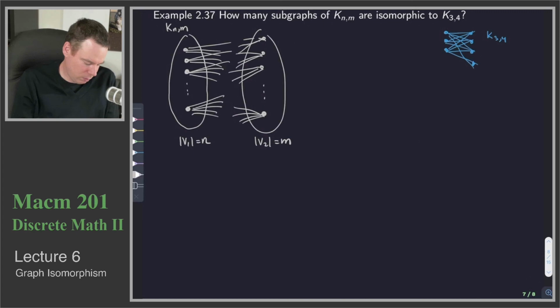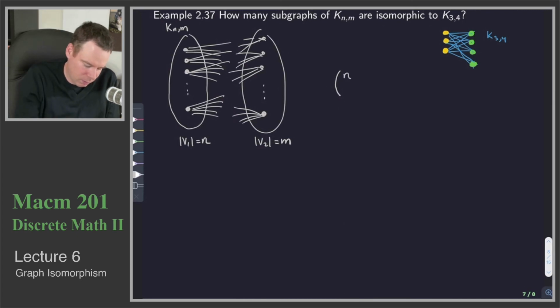Well, one way to do it is to say I've got these 3 yellow vertices and these 4 green ones. Therefore, to count the number of copies of K34 there are in Knm, we first have to say, well, suppose I want to pick from the side with n vertices, I want to pick 3 of those vertices to make yellow.